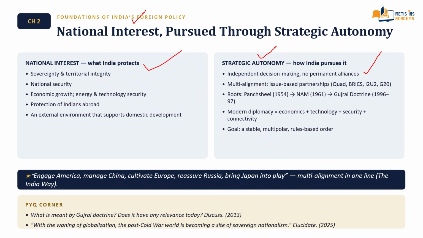So, now let us understand another important transformation. What is that transformation? International relations today is very different from what it was two or three decades ago. Earlier, foreign policy focused primarily on wars, military alliances, and diplomatic negotiations. But today, international politics has expanded far beyond traditional security.